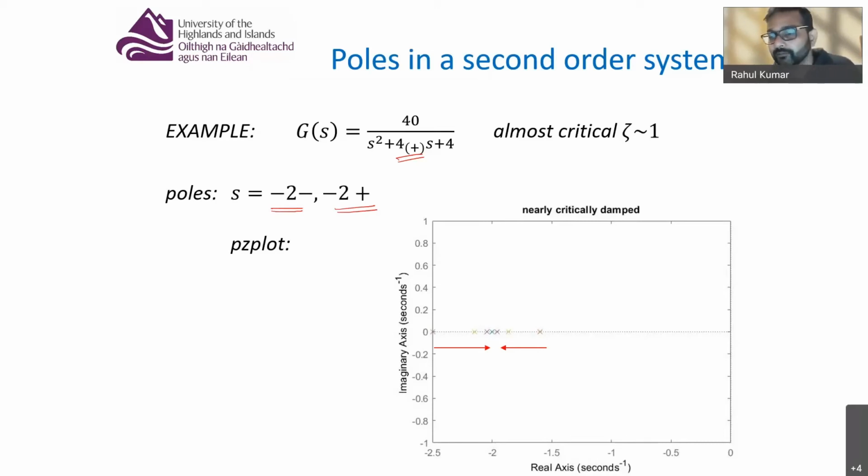So essentially what is happening is when your system is overdamped, your poles are wide apart along the real axis. And as you bring your system closer to the critically damped condition, these two poles come closer to each other. And finally, at the critically damped condition, they will overlap each other. Okay.